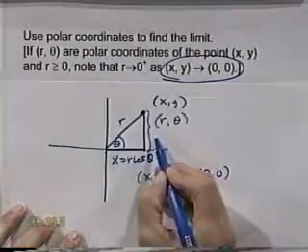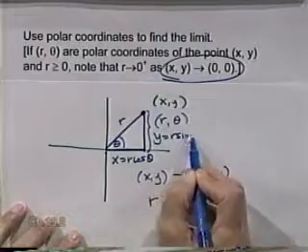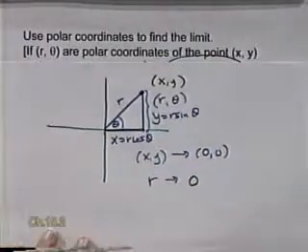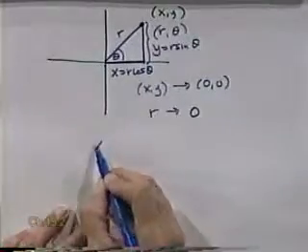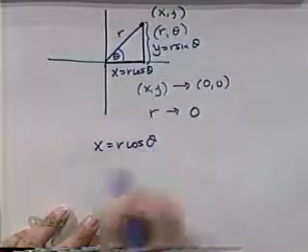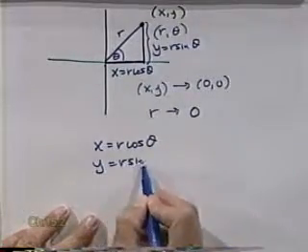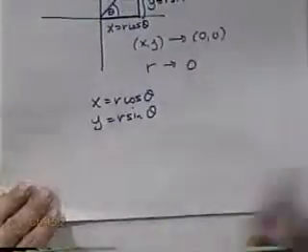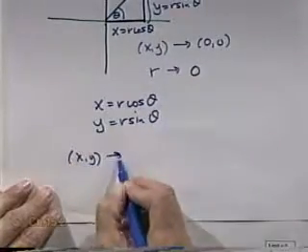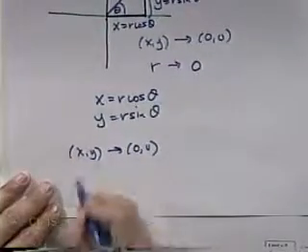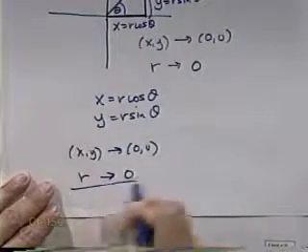And this is the opposite side, so y is equal to r sine theta. So if you're changing it to polars, remember, x equals r cosine theta, y equals r sine theta, and having x, y approach the point 0, 0 is the same as letting r approach 0.